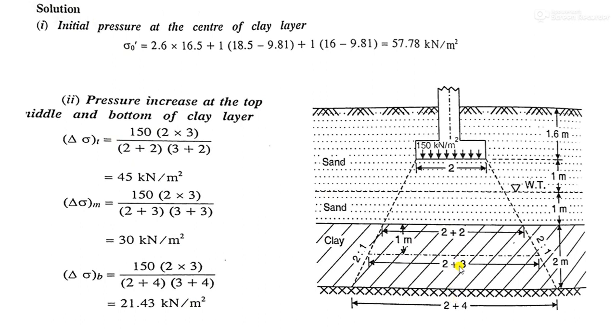So the initial effective pressure, sigma 0 dash, equals 2.6 into 16.5. 16.5 is the unit weight, and 2.6 is the depth.